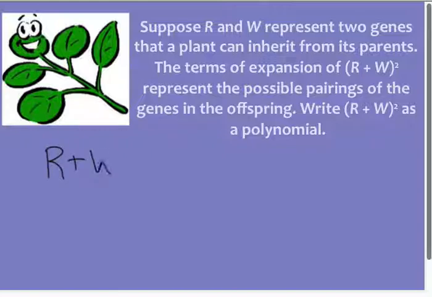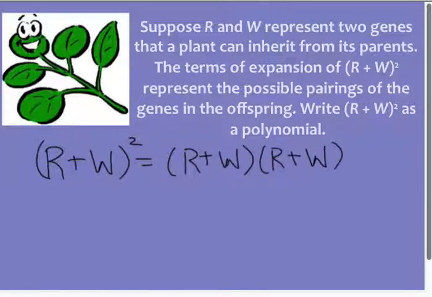So R plus W squared. Okay. If it is squared, what that means is it's really R plus W times R plus W. So we just need to go ahead and put it as a polynomial. So we are multiplying, same thing as before. I would take R times R to get R squared. R times W, so plus RW.